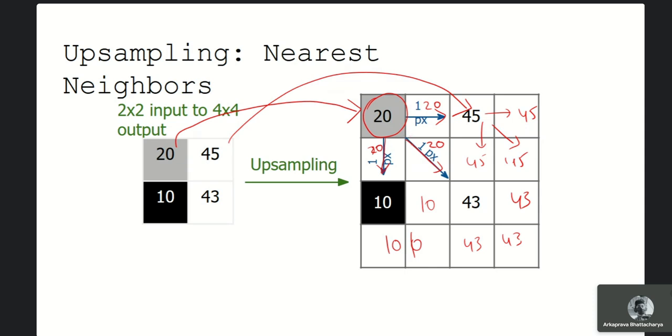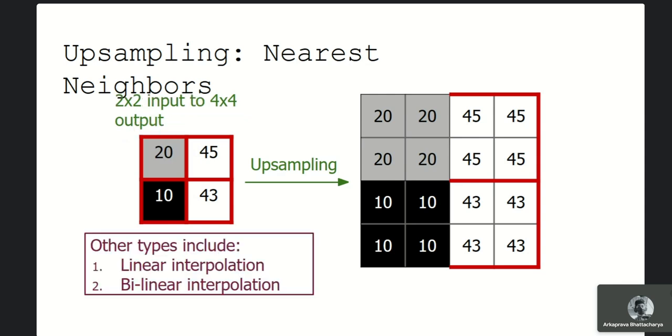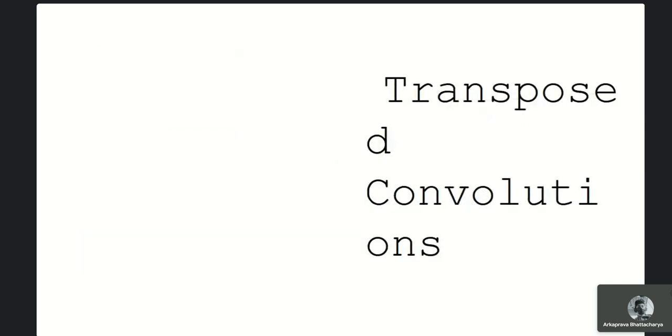So this neighbor distance will depend upon the size of the enlargement you want. This is the same output that I have drawn earlier. There are other types of upsampling techniques like linear interpolation and bilinear interpolation.